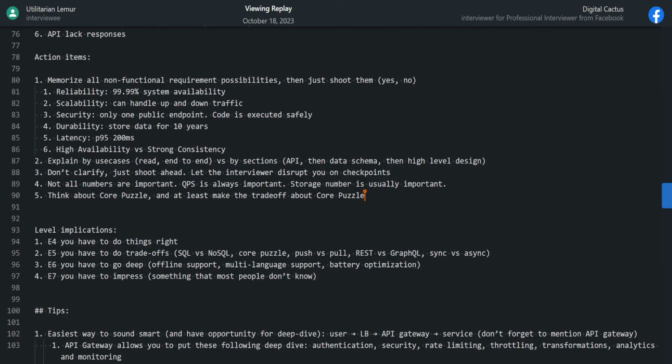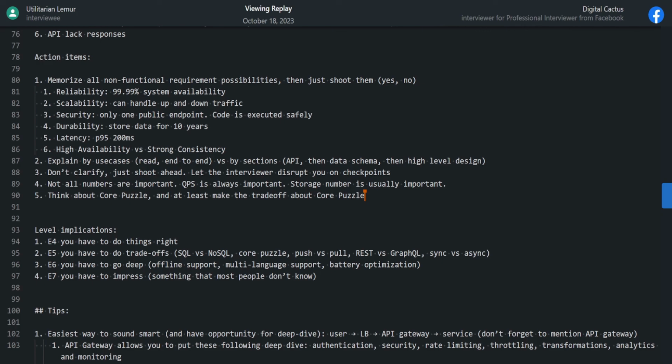Got it. So it's basically the core problem that I need to solve for. Exactly. Another example: matching between an Uber driver and a rider. The core puzzle is how do I match and query efficiently for a given geographical radius?